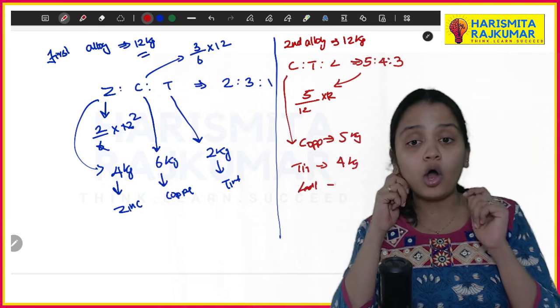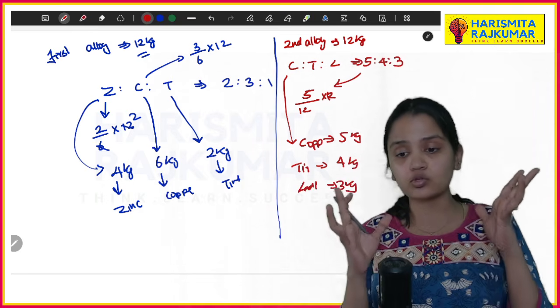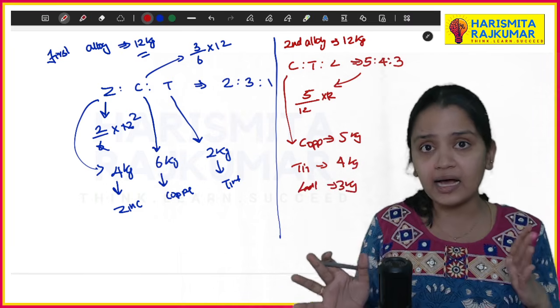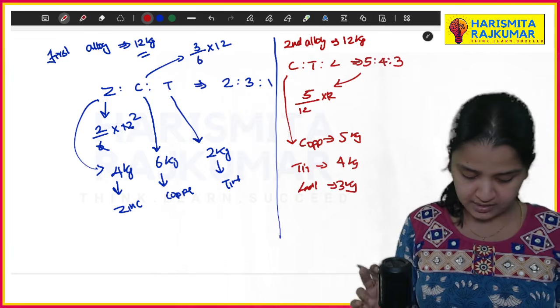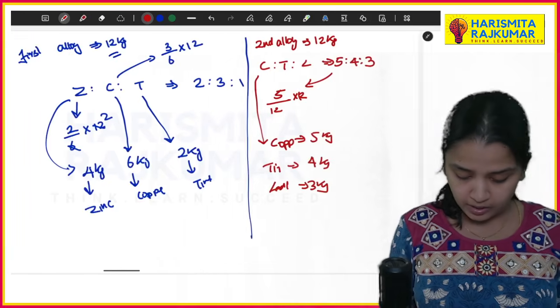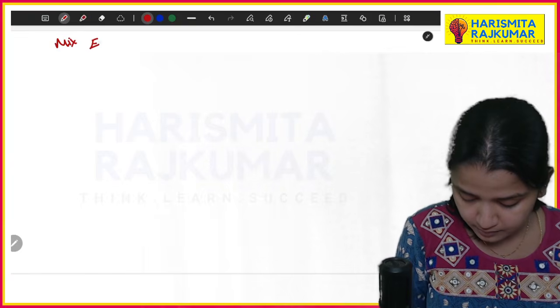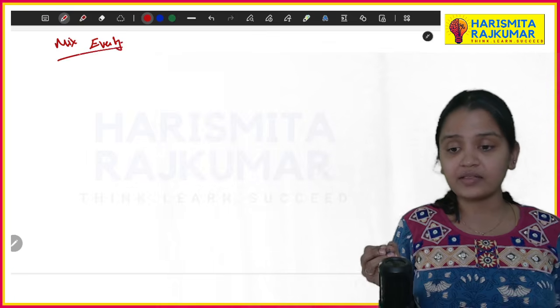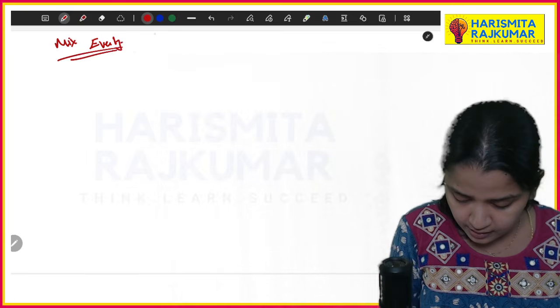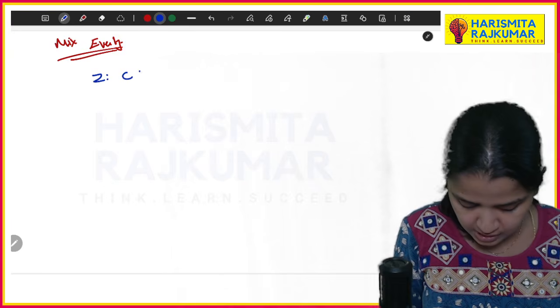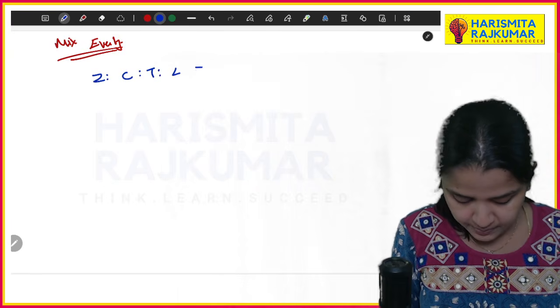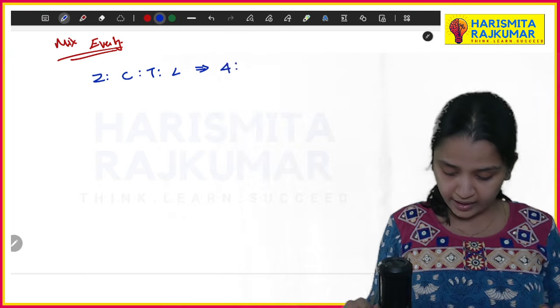Now when all the alloys are mixed together, the third alloy is formed. So when I mix everything, I get Z is to C is to T is to L. Zinc is 4.